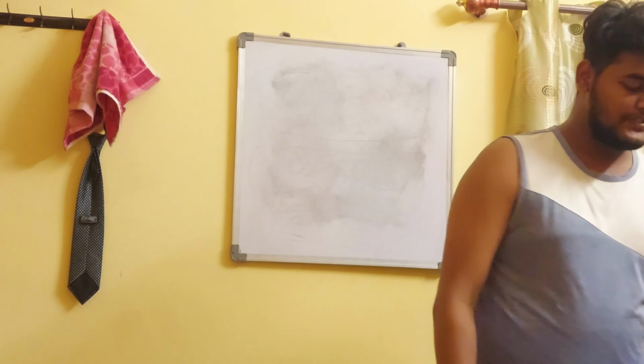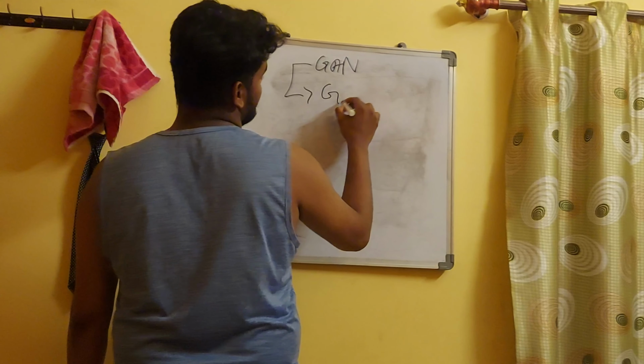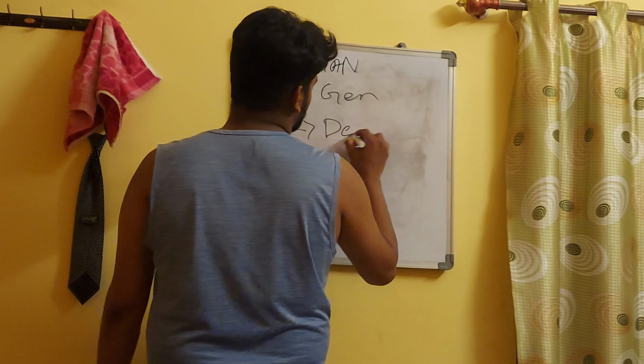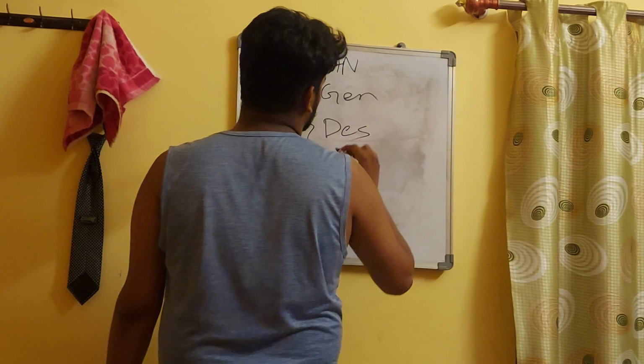GAN has essentially two components. One is the generator, and one is the discriminator. The generator does its part, the discriminator does its part. Then from this, a training goal is achieved.